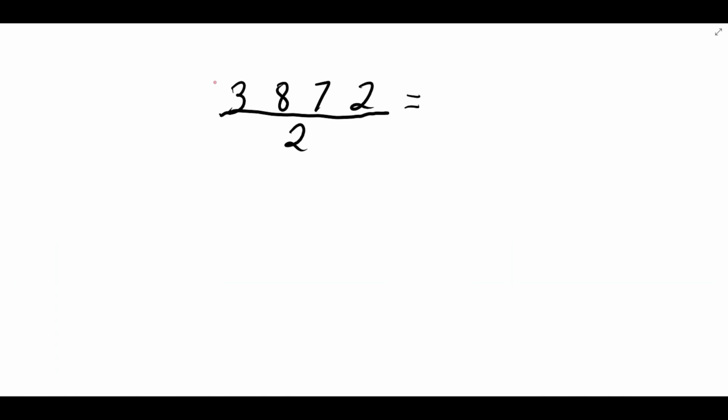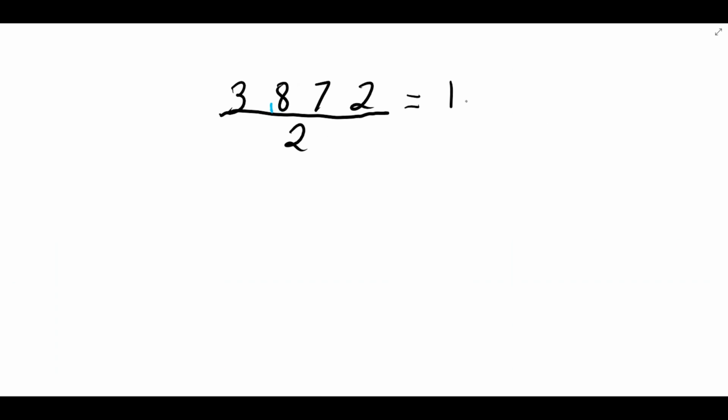What you do is start from the leftmost digit and move towards the right. So you have 3 by 2 gives a 1. Essentially we're dividing each digit one by one. 3 by 2 gives 1 with a remainder of 1. So this goes to the next digit, making it 18.